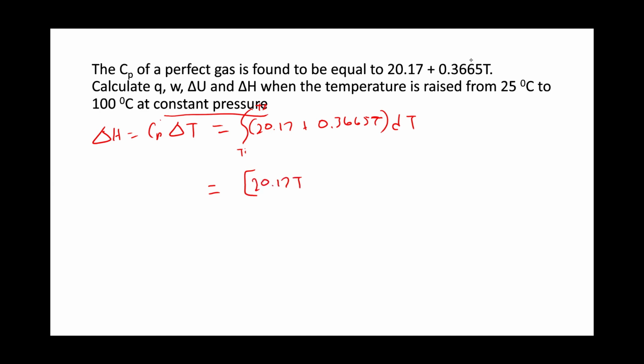20.17 gains a T, right? And then this integrates up to 1/2 times 0.3665 T squared, right? And we would add the numbers up basically going from 25 degrees Celsius, which is 298.15, to 100 degrees Celsius, which is 373.15, each one of them.